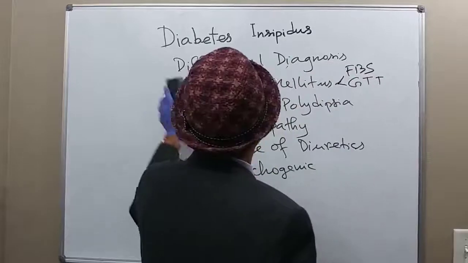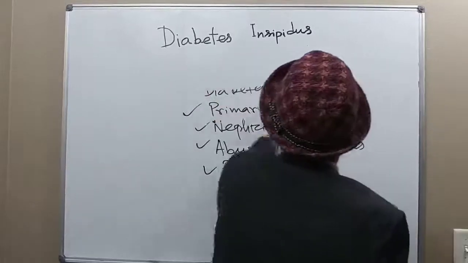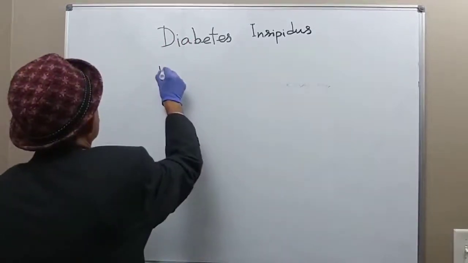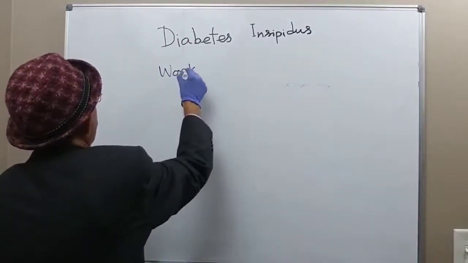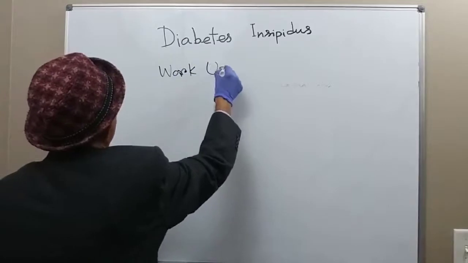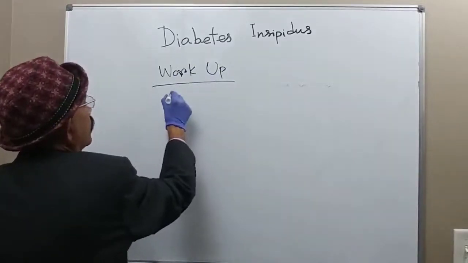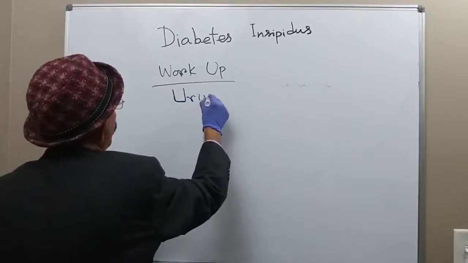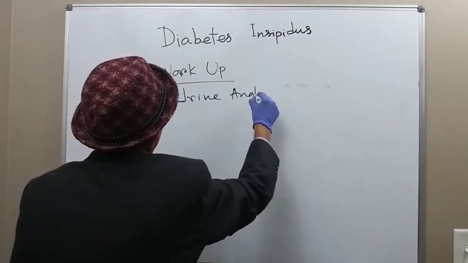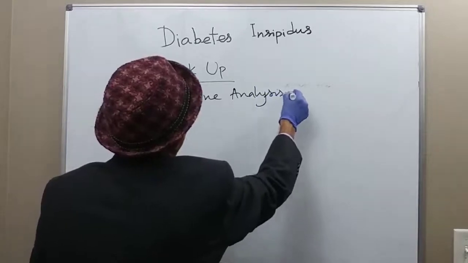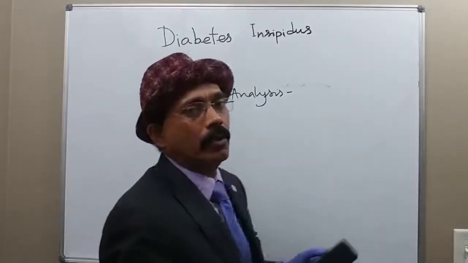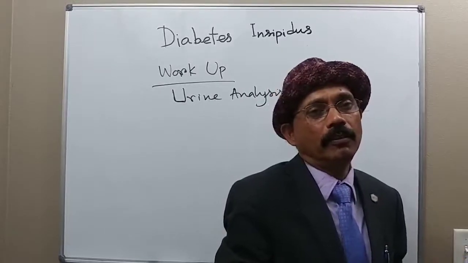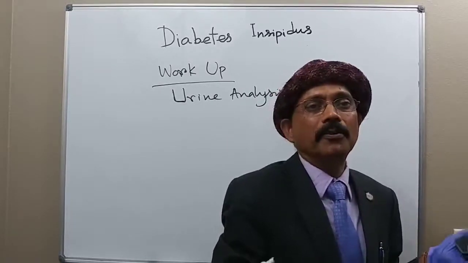So what is the workup to diagnose diabetes insipidus? What workup is essential? We find out the urine analysis. Urine in diabetes insipidus is almost like water, no odor, no color, no smell.